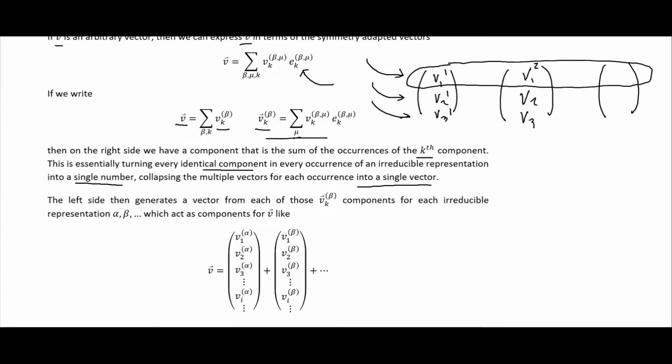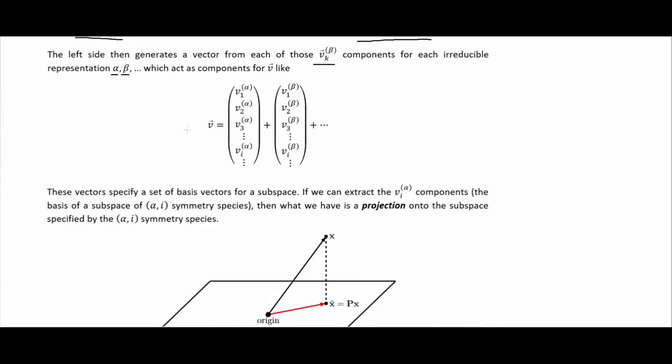So the left side generates a vector from each of those components for each irreducible representation, the alpha, beta, gamma, delta, whatever, which act as components for V like this.